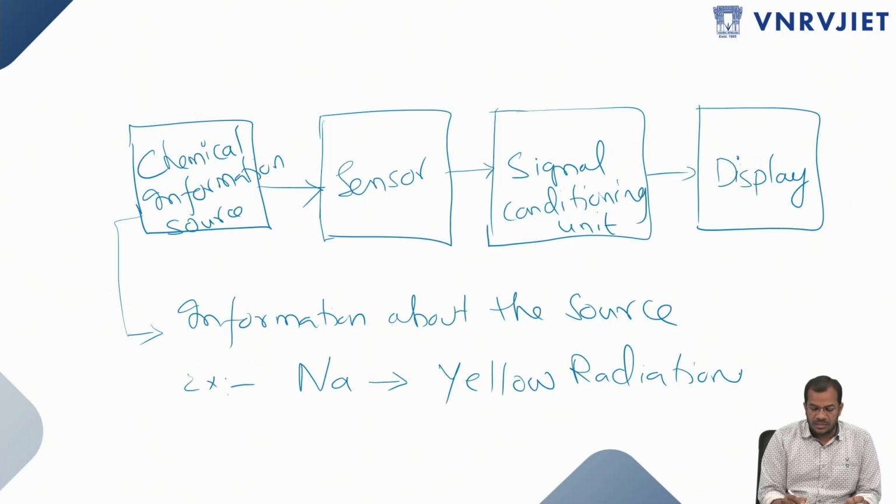So here the sodium acts as a chemical information source. That is, sodium is a chemical which has a property of emitting yellow radiations. So this is what we mean by chemical information source.